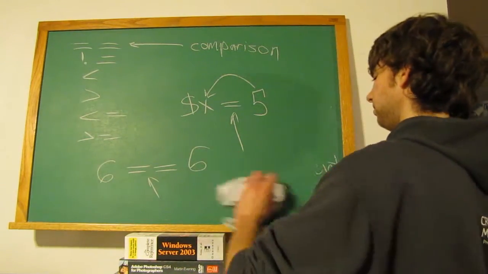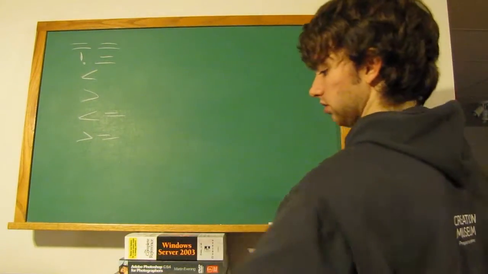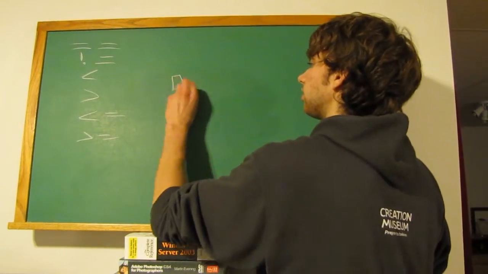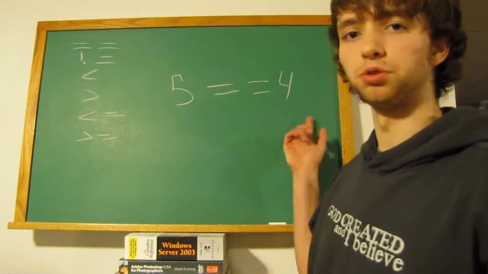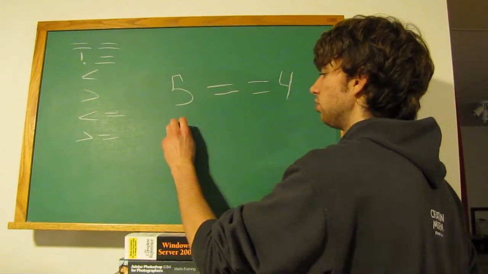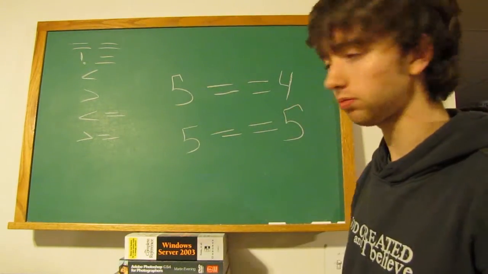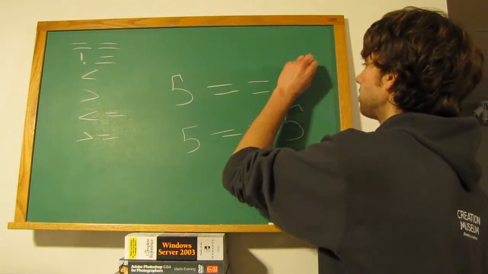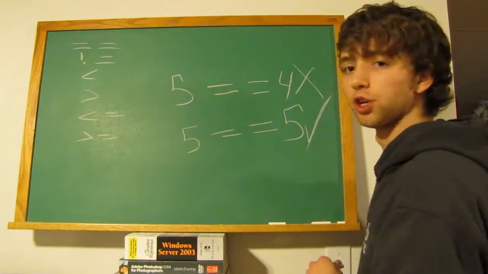So let's try it. Alright, 5 is equal to 4. Well, that's not true, because in order for it to be true, it would have to be 5 is equal to 5. So this one is going to return false. This one will return true.